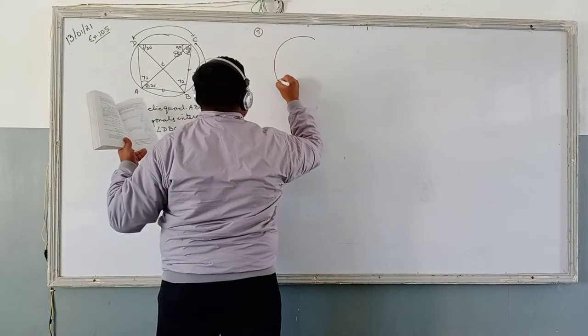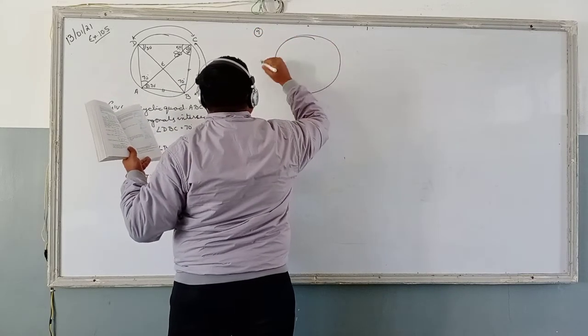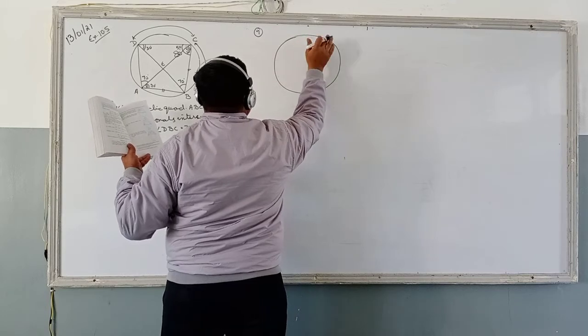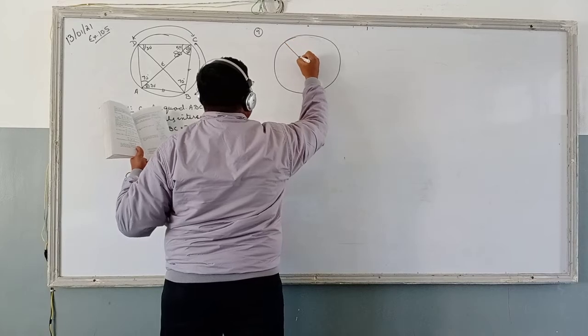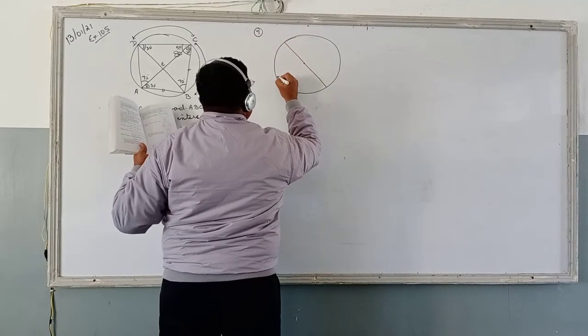If the diagonals of a cyclic quadrilateral, this is a circle, right? And these are the diameters. This is one diameter, and this is another.